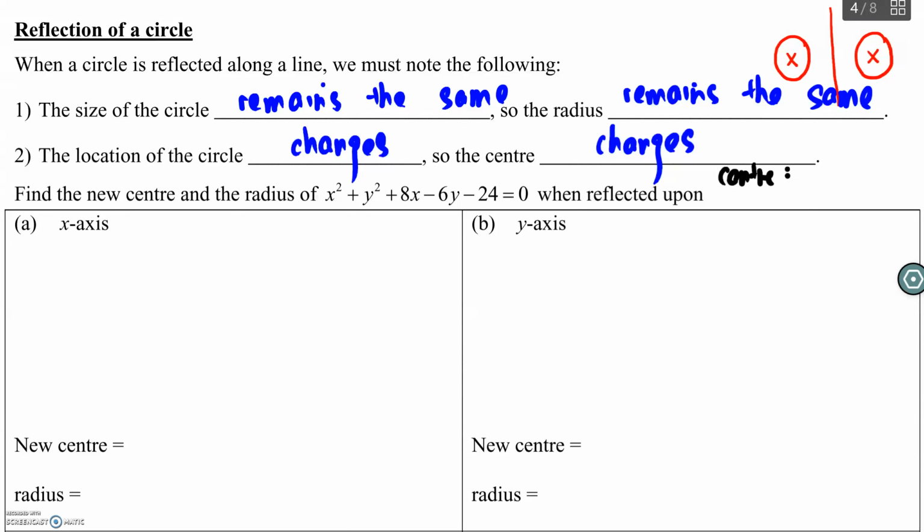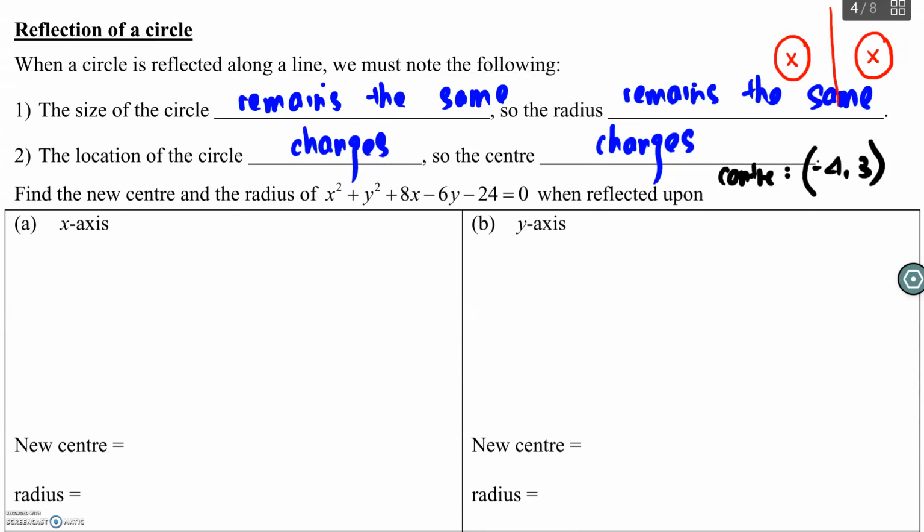in order for us to find the center, you need to check that the coefficient of x squared and y squared is 1. After that, you can straight away use the coefficient of x and y to be divisible by -2 to get the center.